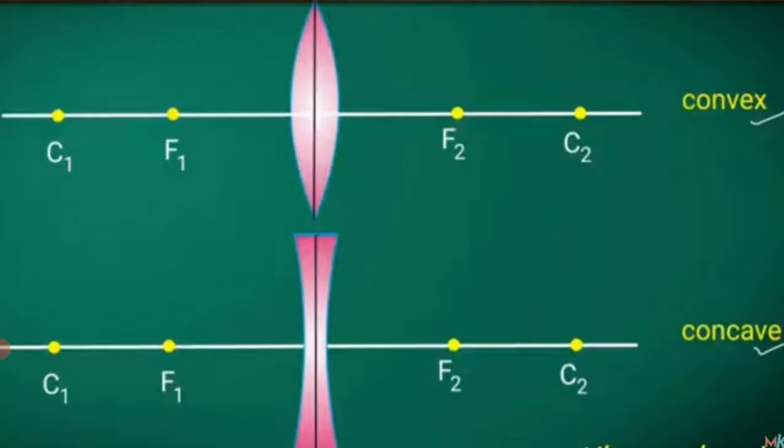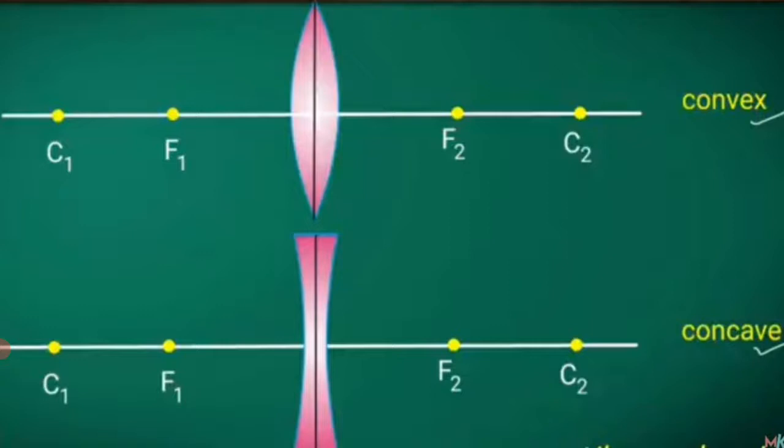Okay, since it has two refracting surfaces, to the left as well as to the right we have F and C. If you consider this point as the refracting end, then towards the right side you have the center of curvature C2 and F2, that is the principal focus. And if you consider this as the refracting part, then towards the left you have F1 and C1.